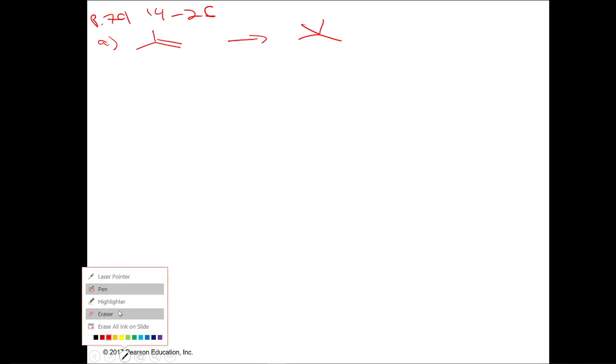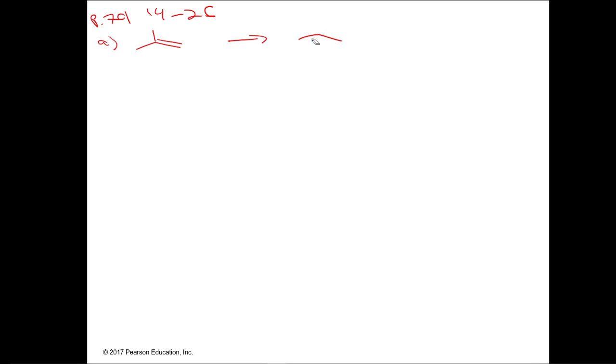So we have 2-methylpropene becoming 2,2-dimethyloxirane.